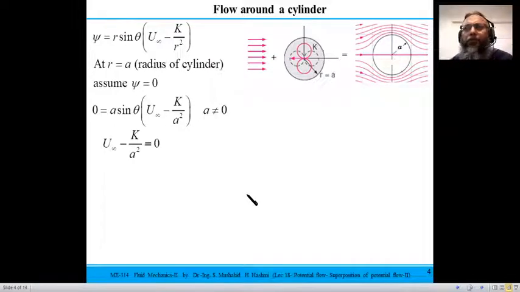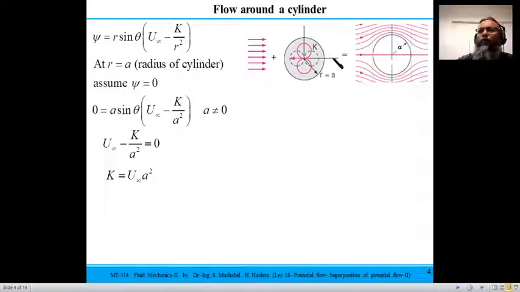So eventually we say that this term, u infinity minus k over a square, is equal to 0. So we have a relationship between the strength of the doublet, the magnitude of the free stream velocity, and the radius of the cylinder.